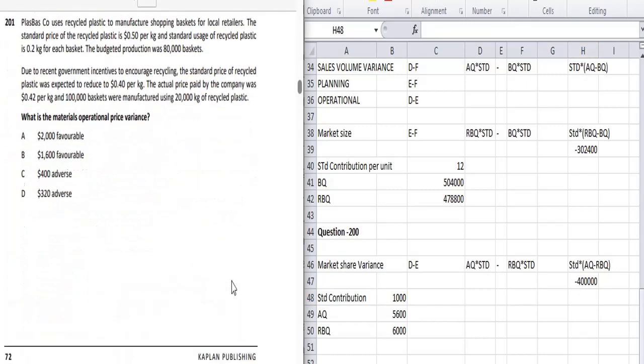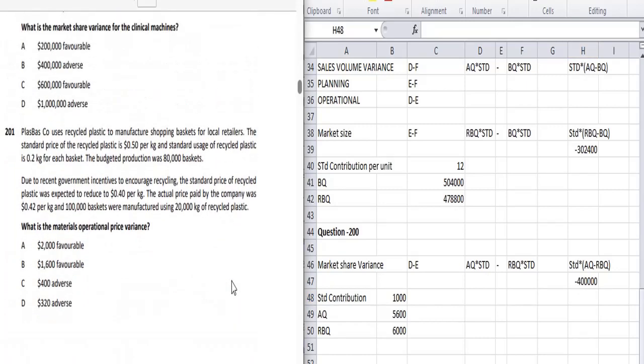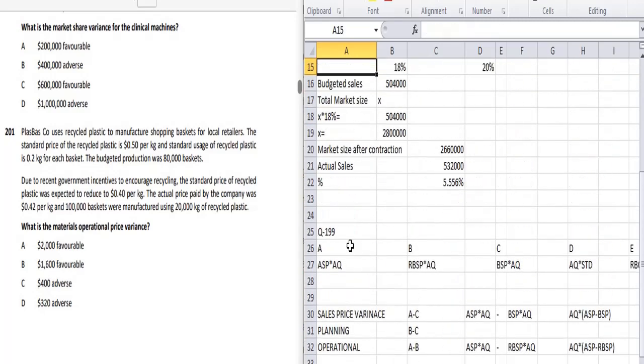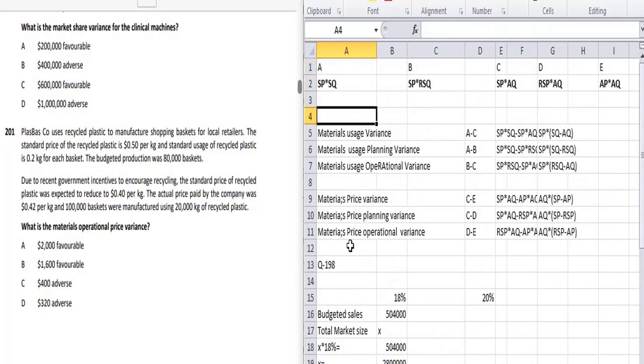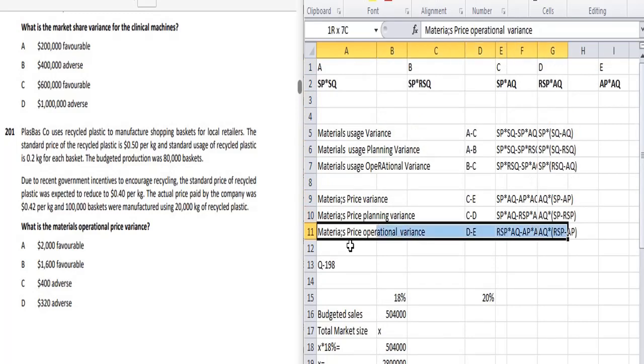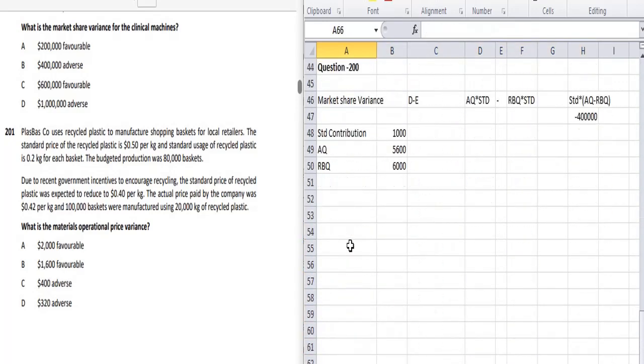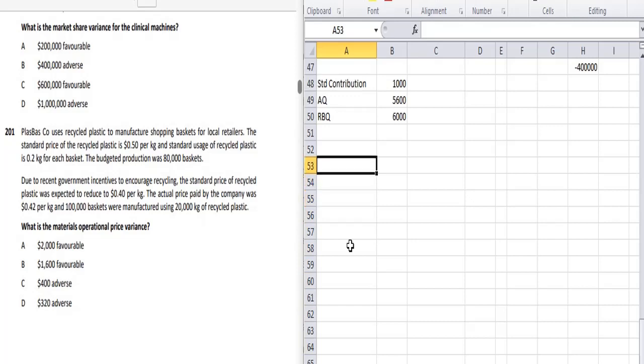Okay, so next question. Now the question is asking for the material operational price variance. We have already calculated the formula above. Material operational price variance. So the question number is 201.